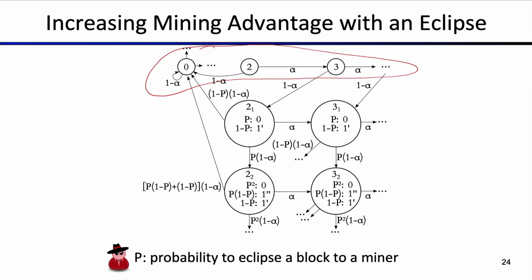But now we're gonna add another variable p. And p is the probability to eclipse a block to a miner. So basically to hide a block towards a specific miner in the network. And we're not going to go into the full details here, but I really would like you to understand the intuition that once you can combine an Eclipse attack with selfish mining here in this particular case, you can kind of create different realities, right?